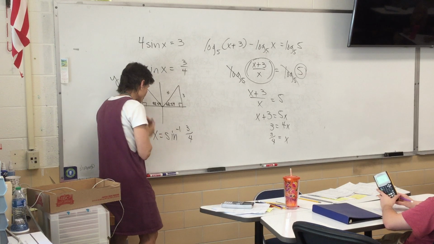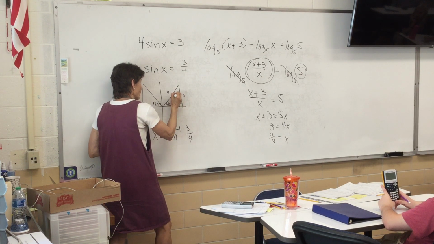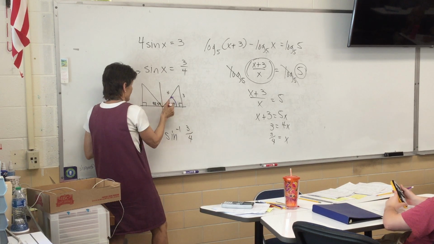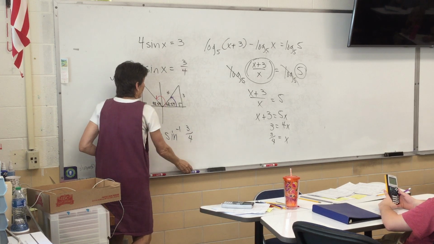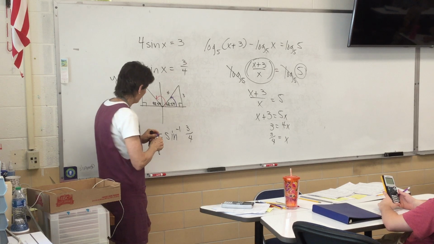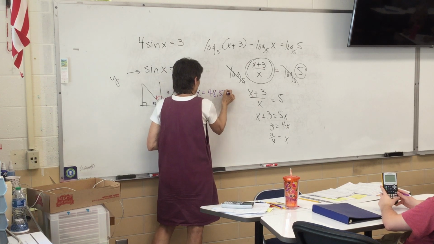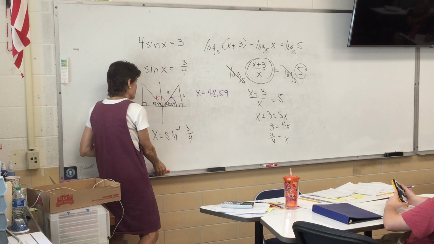The answers to the question are this angle right here and this angle right here. All right, let's measure the purple one. 48.59, that's easy. What about the red one? How will I find the measure of the red one?